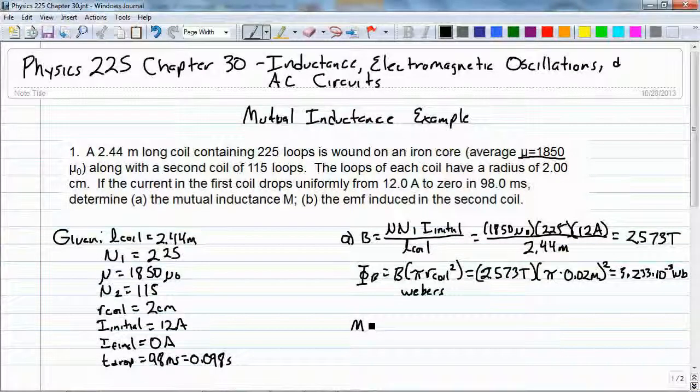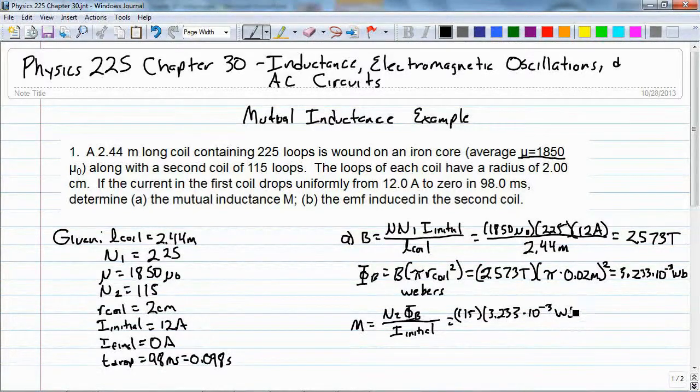And our mutual inductance is going to be equal to N2 times our phi divided by I initial, and that's going to be equal to 115 times our Webers for the flux over the initial current, which is 12 amps, and that gives me 0.031 henries.